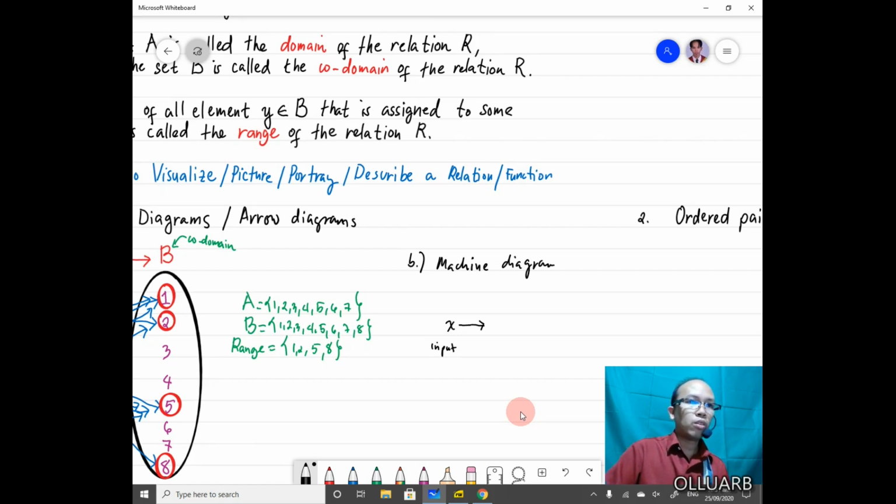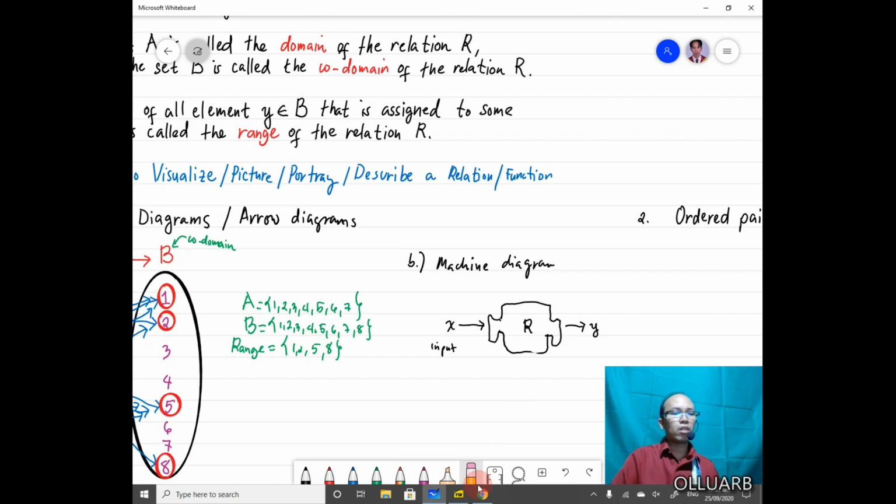What you will see here is that you have an output which is y, and we have here a machine, something like this. This is our relation R.